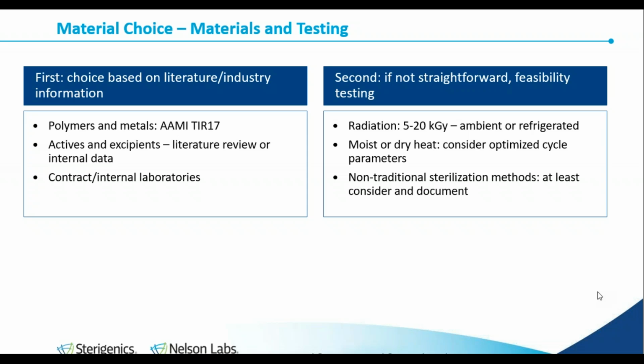And if it's not very straightforward, then some feasibility testing is very useful. So in radiation, for example, too often when I hear of companies say, well, we tried radiation, it didn't work, I say, well, what did you try? And they say, well, we tried 25 and 50 kilograys.